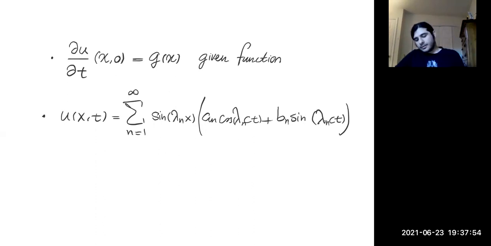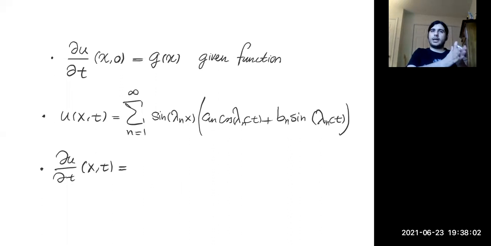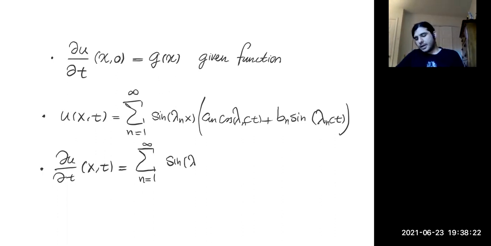Now we can take the derivative of this. Again, this is something we discussed a few times. Here we're assuming that we can take the term by term derivative with respect to t, changing the place of the derivative with the infinite sum. This is part of our assumption, and we talked a few times about why it makes sense to have this assumption. So sine of lambda n x would be like a constant for t.